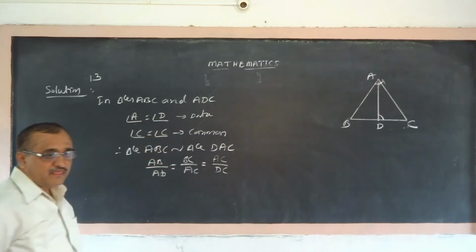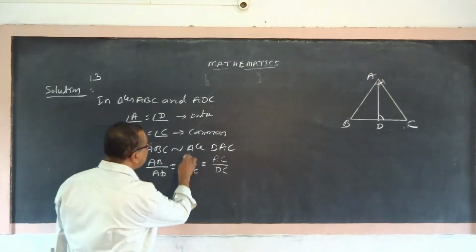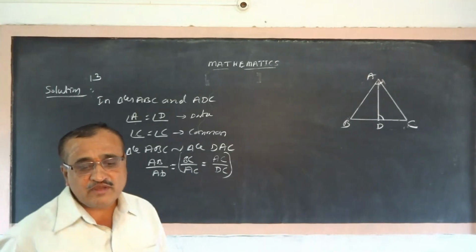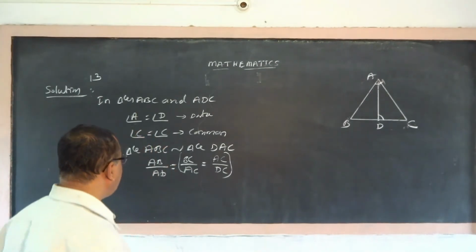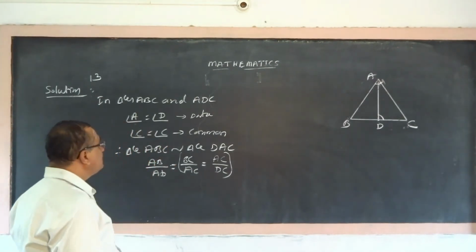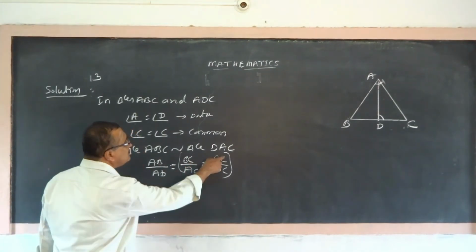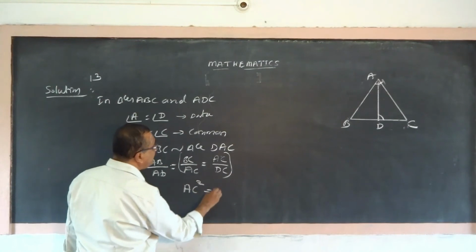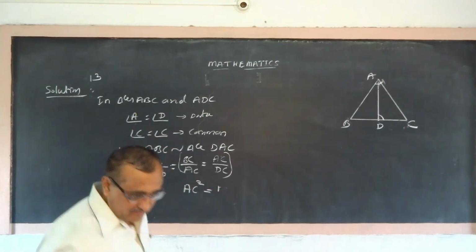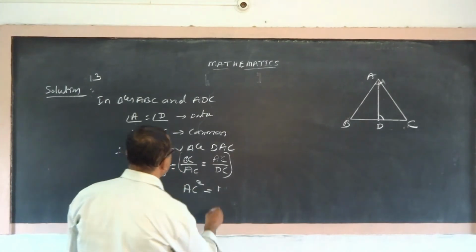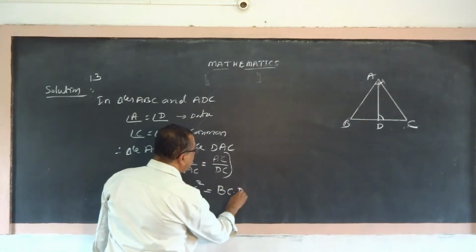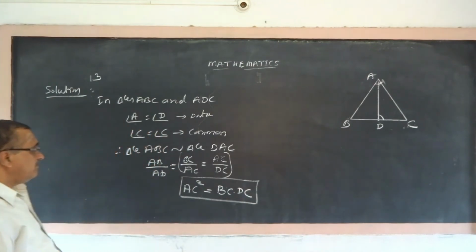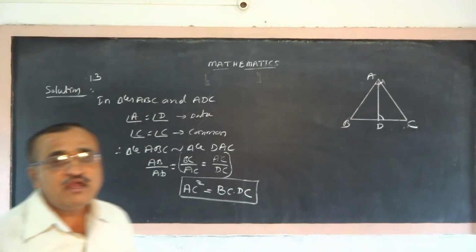Consider these two, cross multiply: AC into AC is AC squared, and you get CB into CD. Is it? AC into AC is AC squared equals BC into DC. This is the way how we can prove.